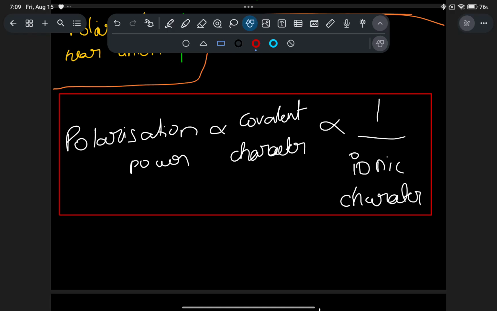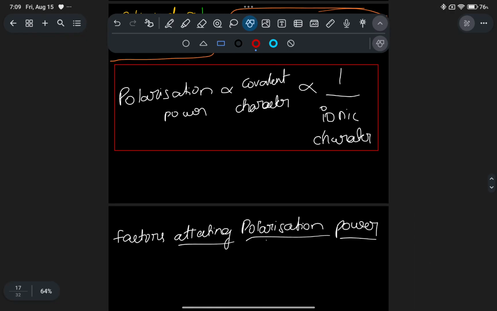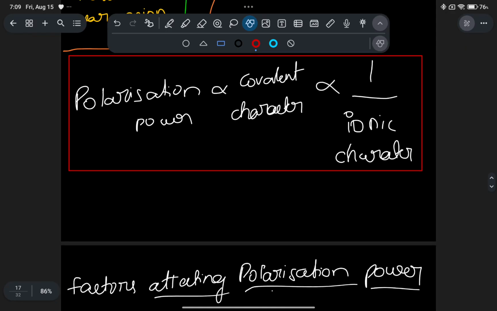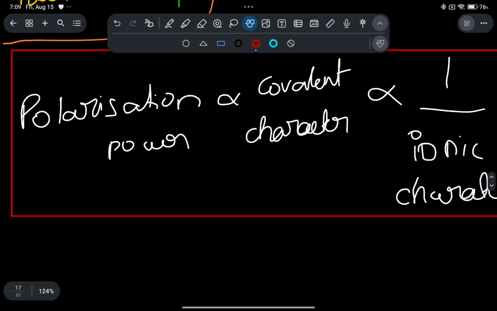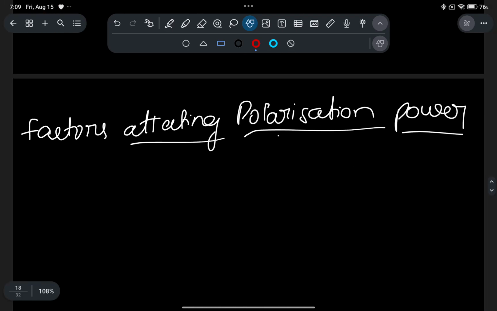Those rules are also used here, because covalent character is directly proportional to polarization. So covalent character needs a very small cation size. Polarization increases when cation size is smaller, and when cation size is larger, polarization decreases.